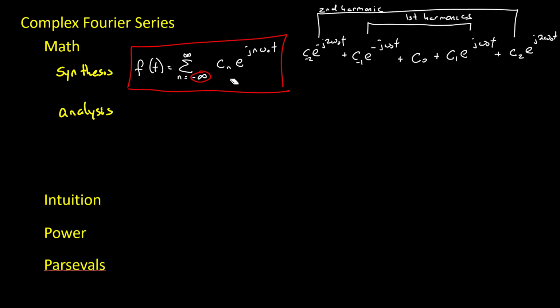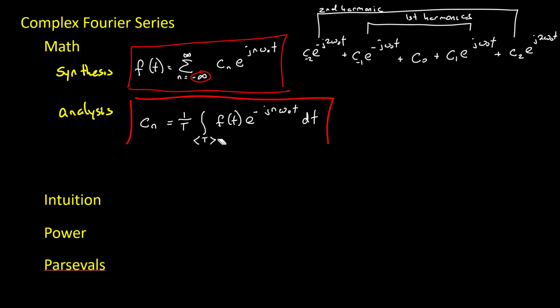The opposite of the synthesis is the analysis. That's how to find what these c sub n components are. And that looks a lot like the other Fourier series terms. You'll take the integral over any period of your function like this.